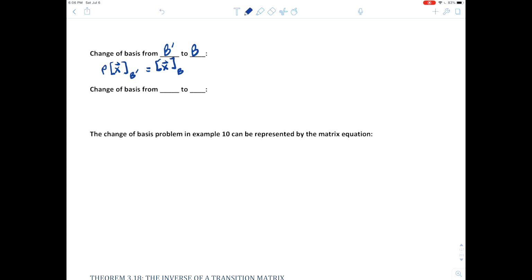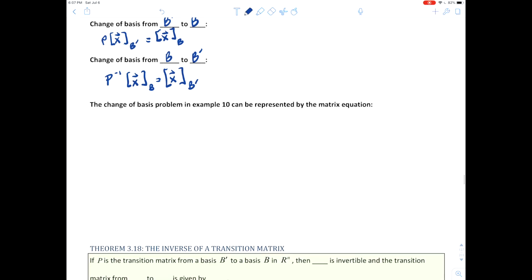Now, it turns out P is invertible, and so if you multiply both sides on the left by P inverse, you end up with P inverse times the coordinate matrix of x relative to B is equal to the coordinate matrix of x relative to B prime. So that's if you want to go from B to B prime. So let's look at what we were doing.